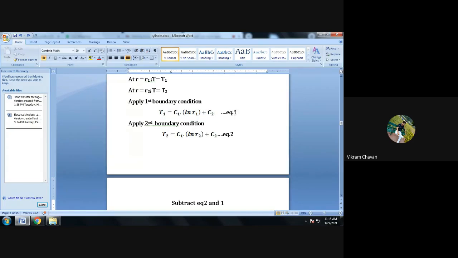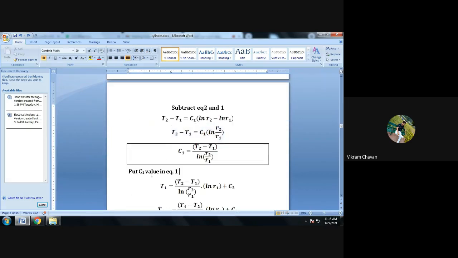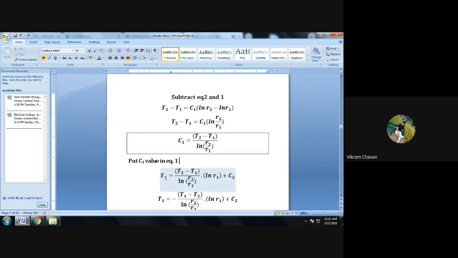In that equation, we put the value of C1, which will give you the C2 equation. So equation 1 becomes T1 is equal to T2 minus T1 whole divided by ln of R2 divided by R1 multiplied by ln of R1, plus C2.